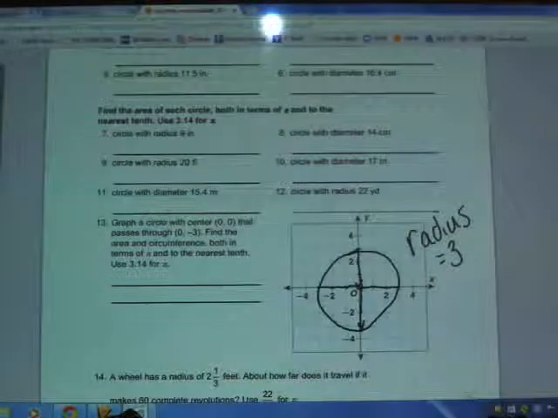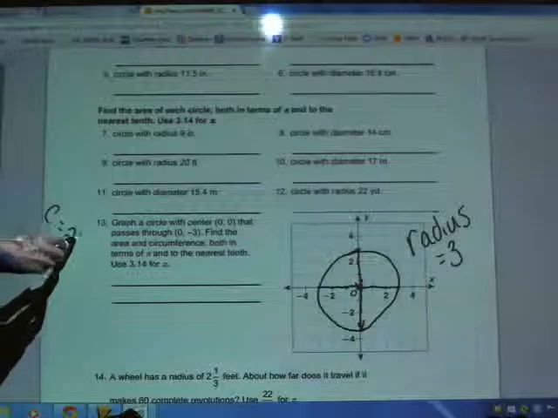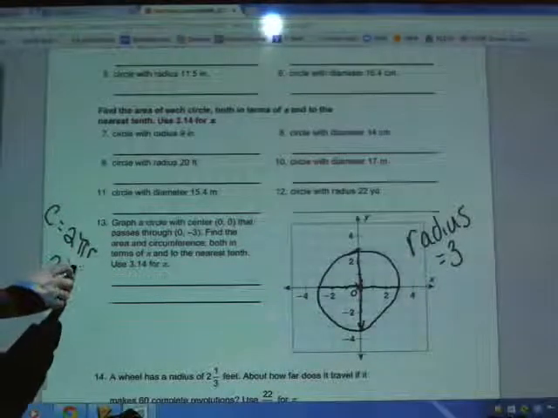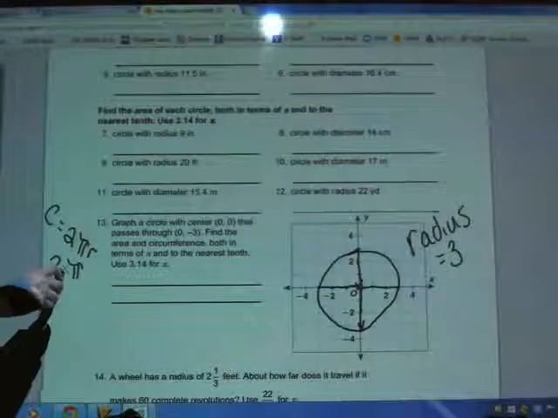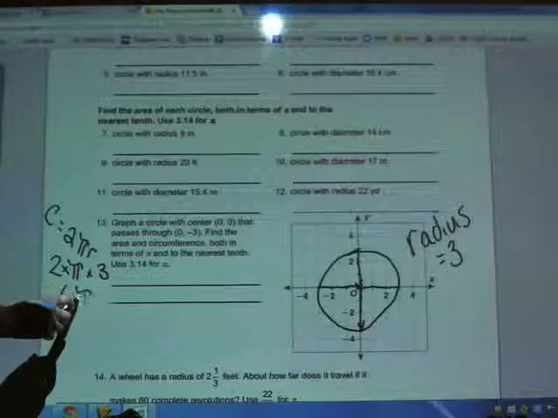And that's a part of both of the formulas here. So let's start off with circumference. Obviously, we want to use the one that involves the radius, and that one for circumference was 2 pi r. So for the circumference, it's 2 times pi times the radius being 3, or 6 pi.